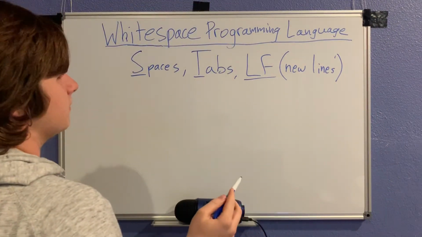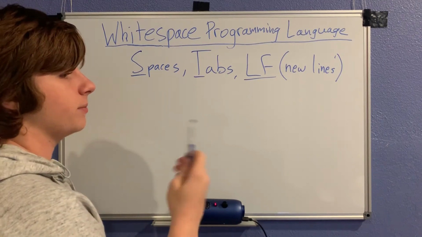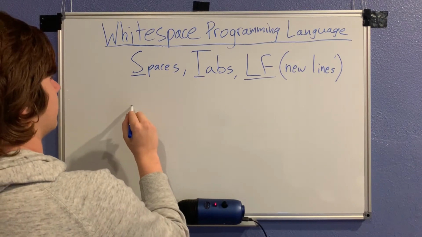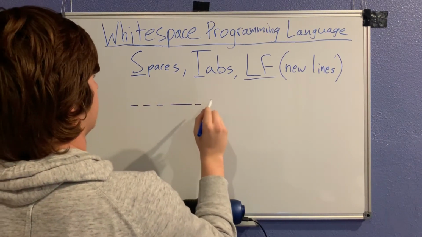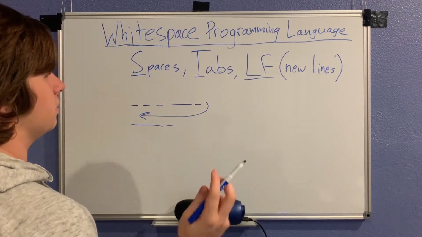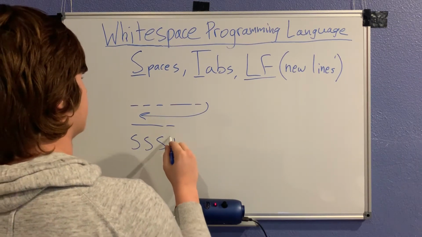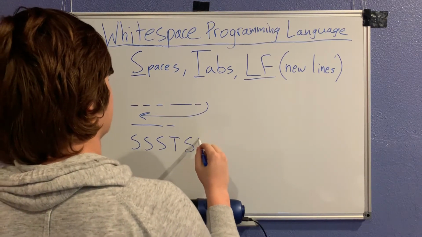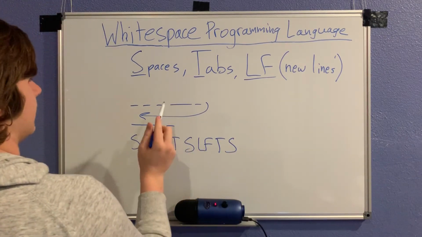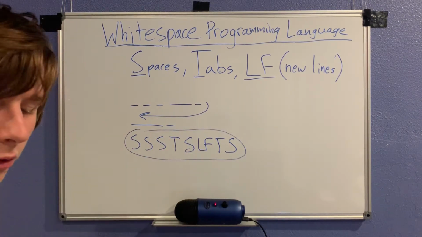And instead of denoting each of these three things with the actual space or tab or new line, which would look something like this, it's much easier just to write the letter for what it's representing. So this is just what that would look like in much simpler terms, so it's what we're going with.